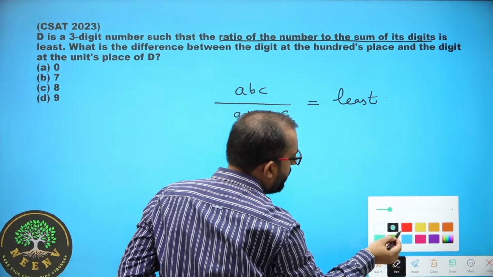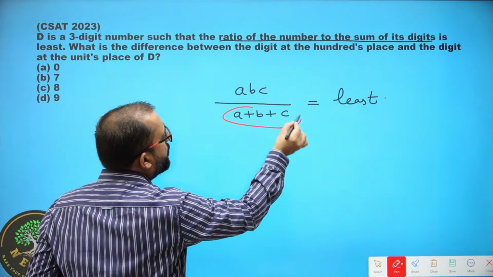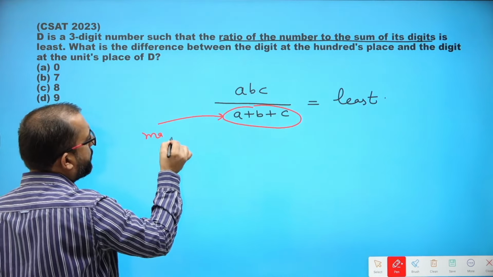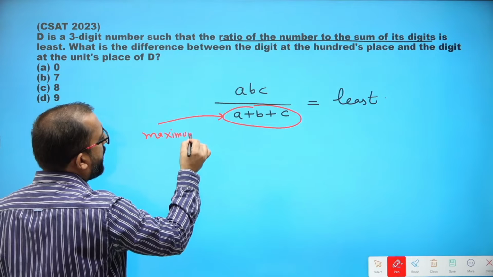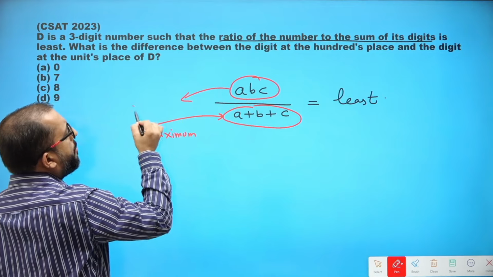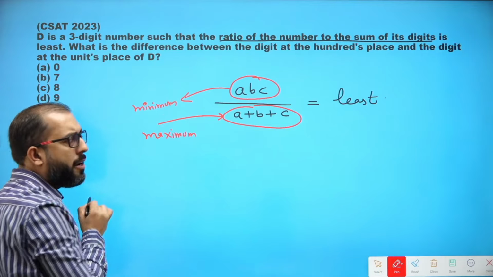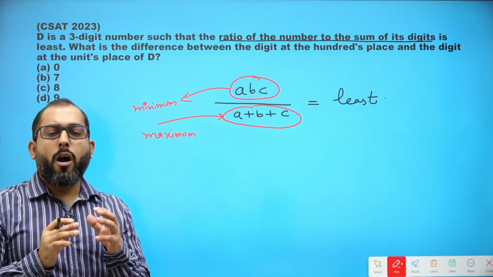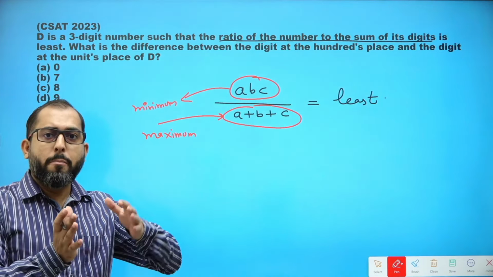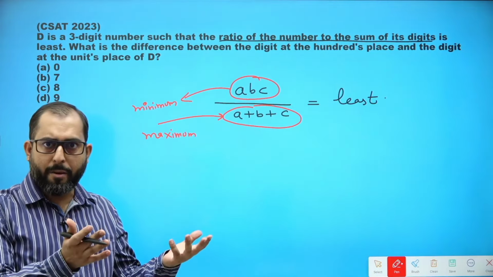This is possible when this sum or the denominator is maximum and the number is minimum, right? So I have to think of a number which is minimum at the same time sum of its digit is maximum.